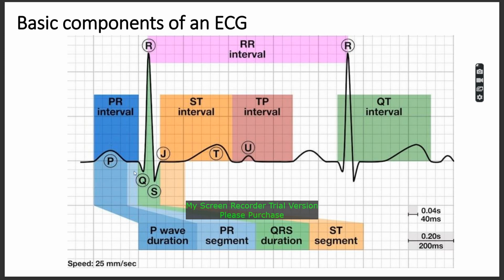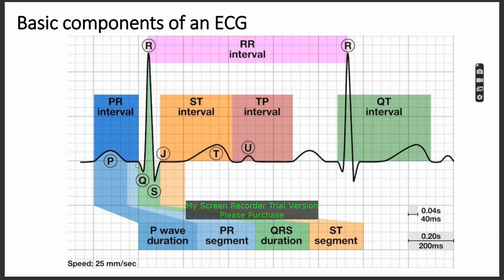The PR segment indicates the time gap: the depolarization of the SA node goes to the AV node, and the AV node has to spread it to the ventricular muscle. That time taken by the AV node is shown here by the PR segment.